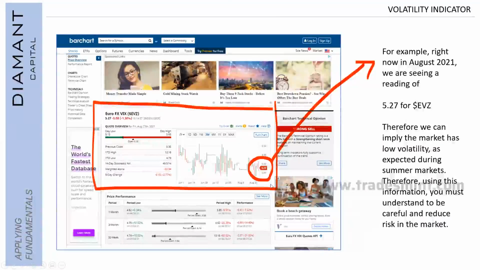However, what we actually mean is liquidity, you know, how many orders are going through into the market and everything like that. So because we got 5.27, therefore we can imply that the market has low volatility as expected during the summer markets. Therefore, using this information, you must understand to be careful and reduce the risk in the market.